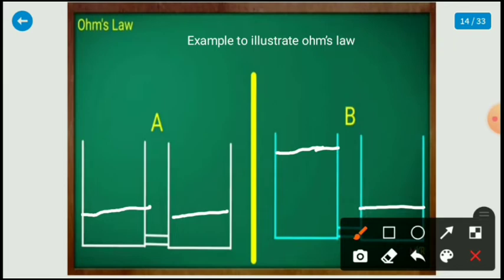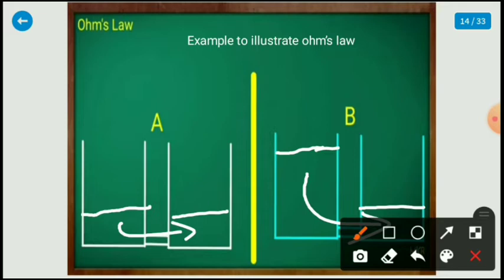Now you can see in A the difference is very less, so the speed of flowing of the water is less. If there is a more difference, there is more speed.